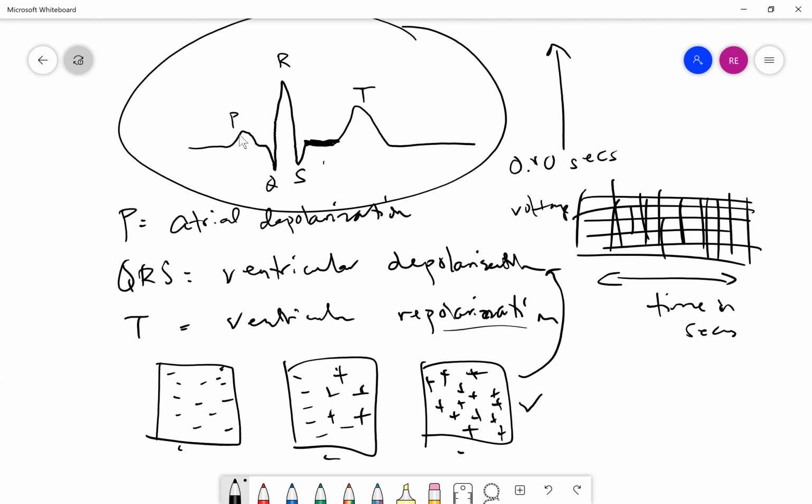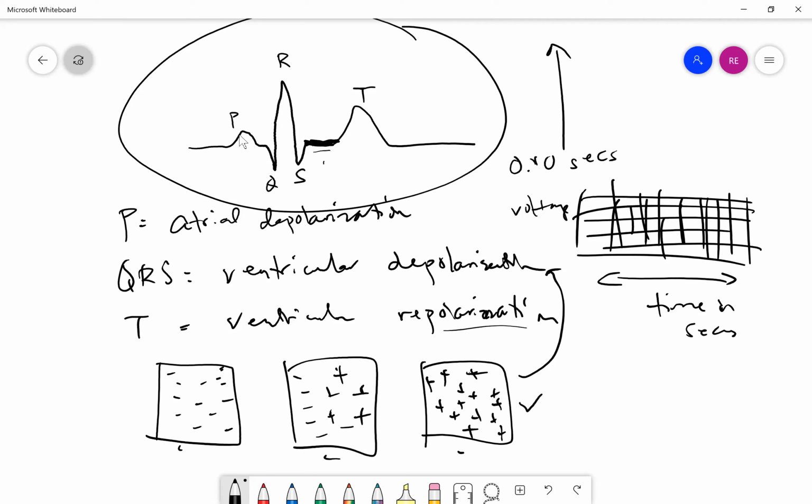The atria has to contract, pass the blood to the ventricles, and then the ventricles have to get rid of that blood to the lungs and to the aorta, and then repolarize before the next heartbeat, all finished within less than a second.